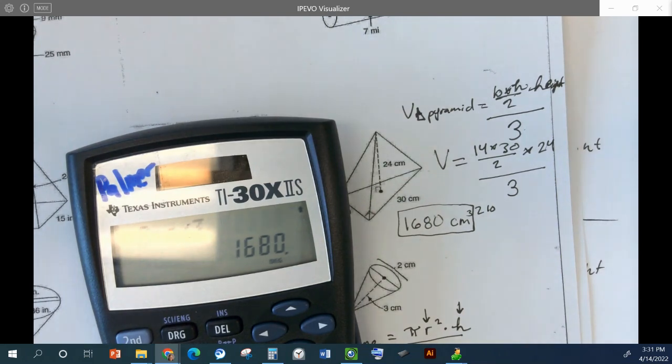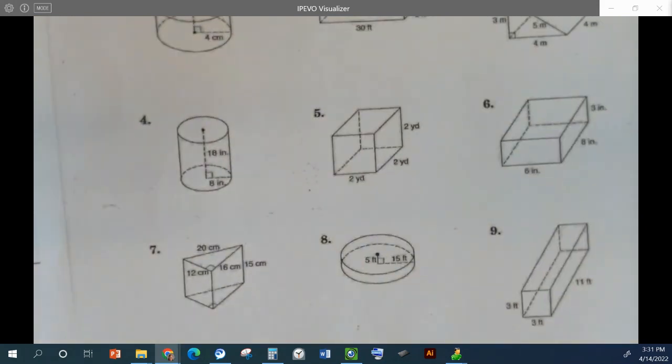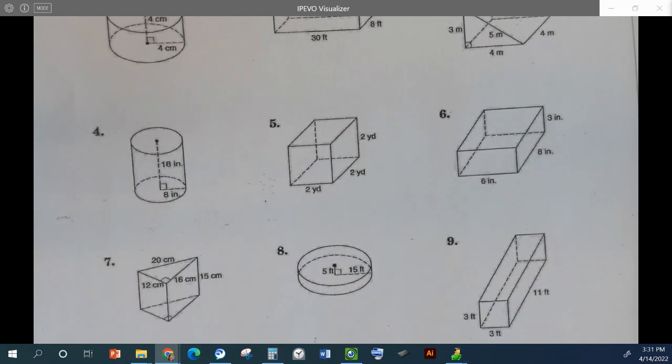Okay, questions on that? Does that make sense? How to calculate that? Okay, all right, let's do some on the back page. So let's do one cylinder and one prism.